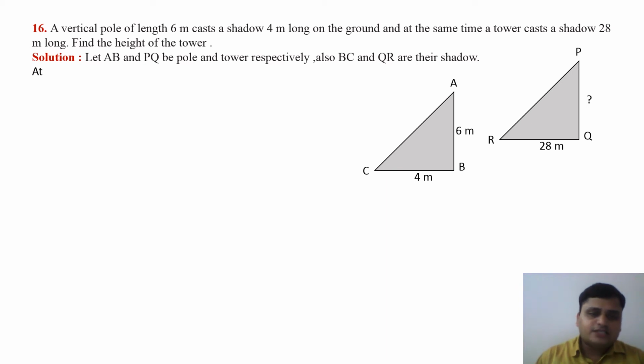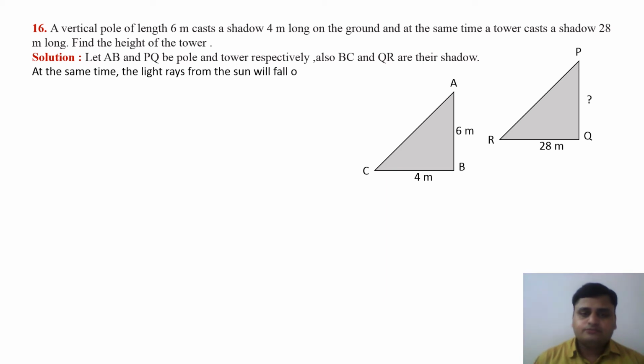Now after this, what we need to do? In the question it is given that at the same time the light ray from the sun will fall on the tower as well as on the pole.